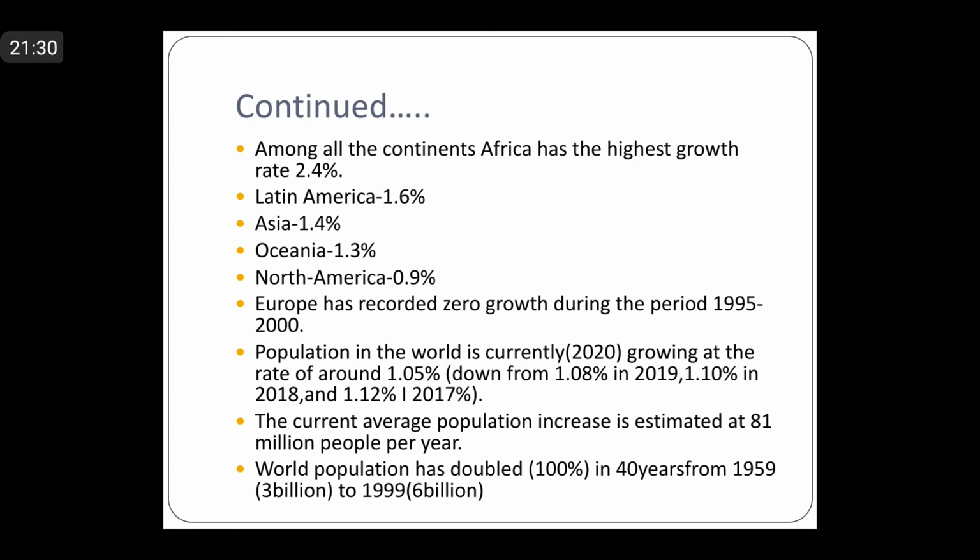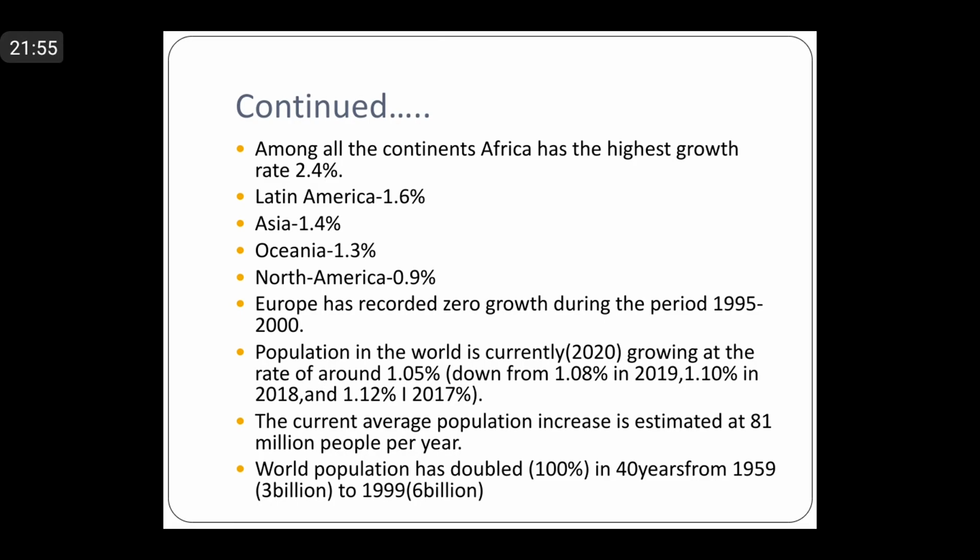So the population in the world is currently, according to 2020, growing at the rate of 1.05. Has it decreased? Your question is, has it decreased? And if yes, then how and why? The current average population increase is about 81 million people per year.